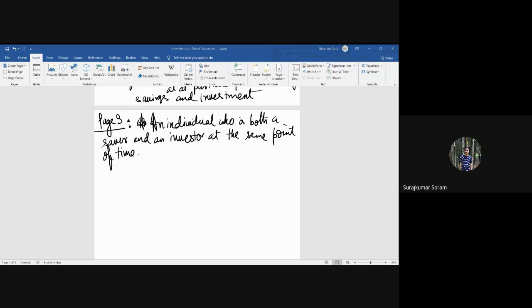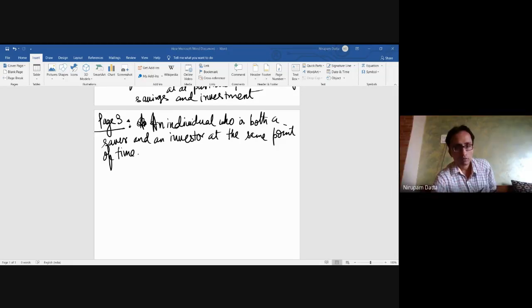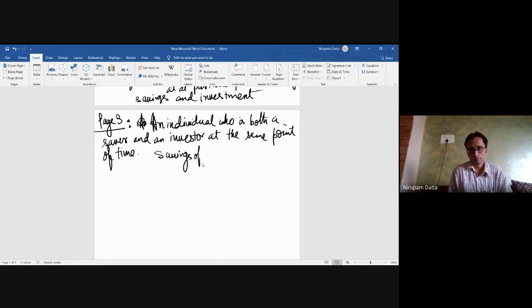Sir, farmer. Yes. Farmer is an example whereby they are saving and investing at the same point of time. So farmer saves. That savings of farmer is known as surplus after meeting his subsistence needs. So he sells the surplus in the market, generates income.